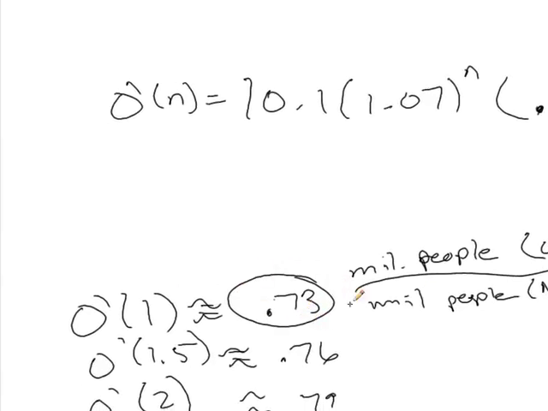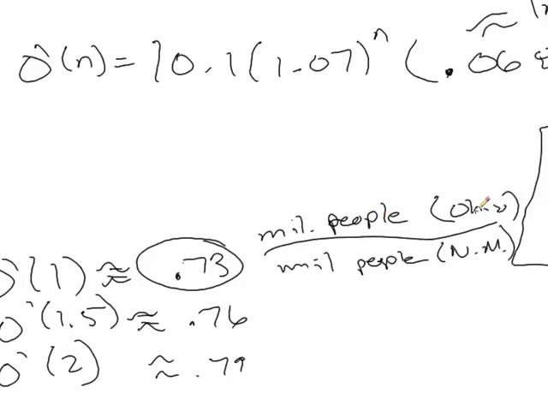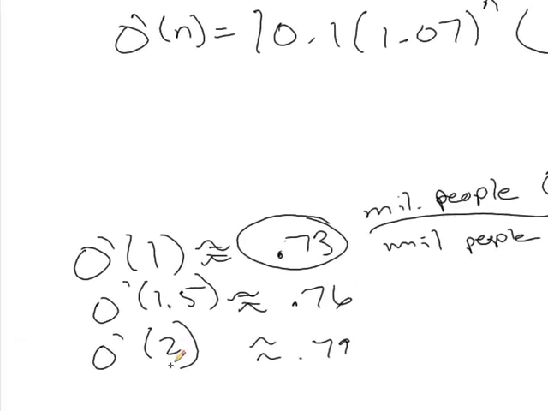But as the population of New Mexico grows, notice what happens. The number of more people in Ohio grows a little bit more per 1 million people more in New Mexico. When there are 2 million people in New Mexico, the population of Ohio only increases by 0.79 million people.